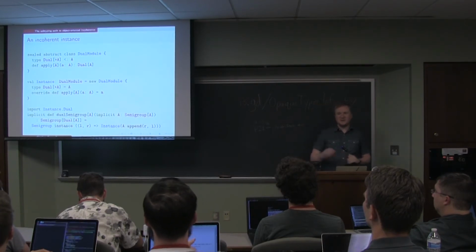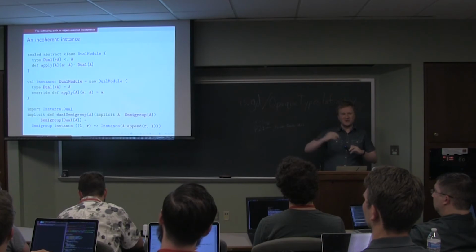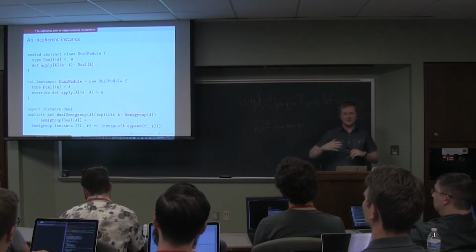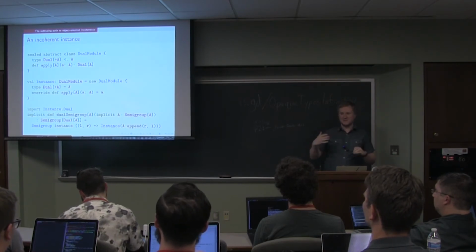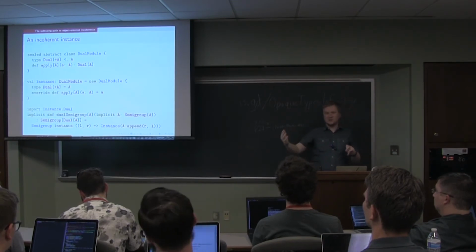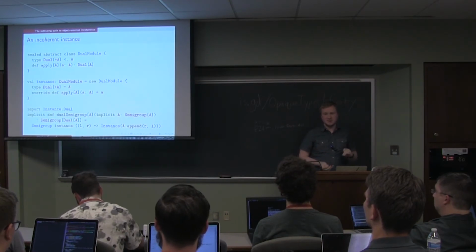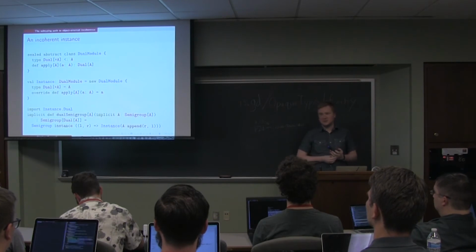Because what your behavior is from your type class depends on where you are in the subtyping hierarchy, which can change at any time, right? That is, something that works on a supertype should also work on the subtype.